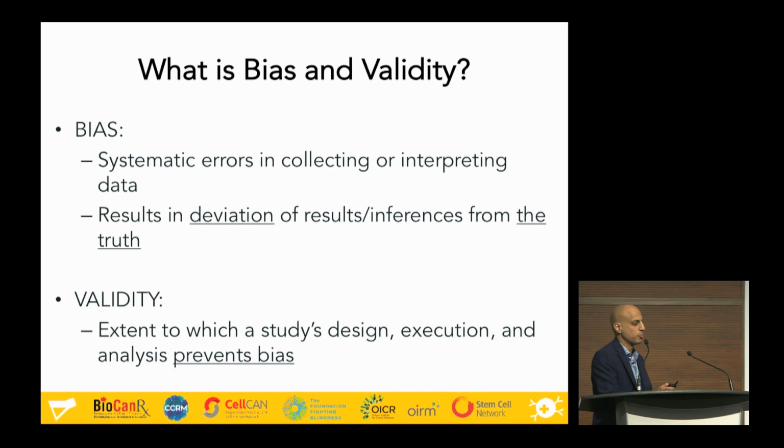So the corollary to bias is validity. And this is the extent to which a study's design, a study's execution, and its analysis actually prevents bias from creeping in. So if you address validities within your studies that you're doing at the bench, you may help prevent or reduce the risk of bias in your studies.